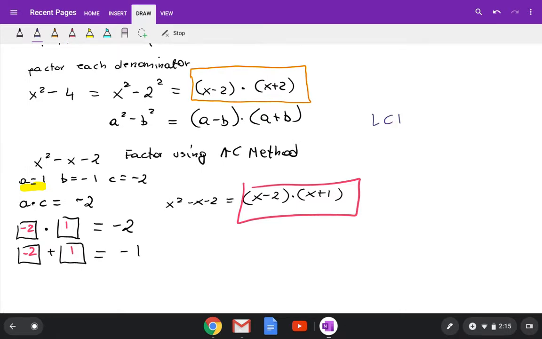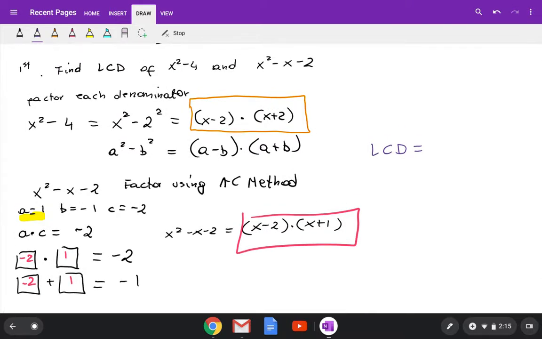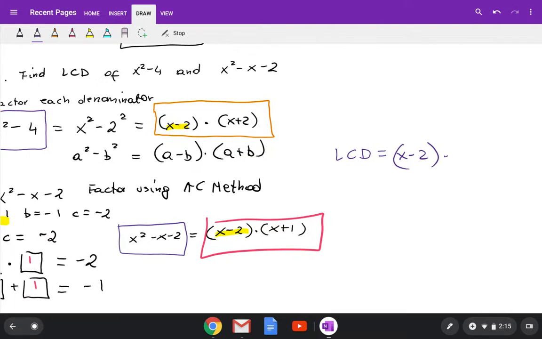So LCD will be, okay, and I'm repeating. So these are our denominators, x squared minus 4 and x squared minus x minus 2. Let's first check the factors which repeat here. Both of them have x minus 2. So let's rewrite x minus 2, and they both are to the first power, okay, times, and now you multiply by the unique factors, the ones which don't repeat.